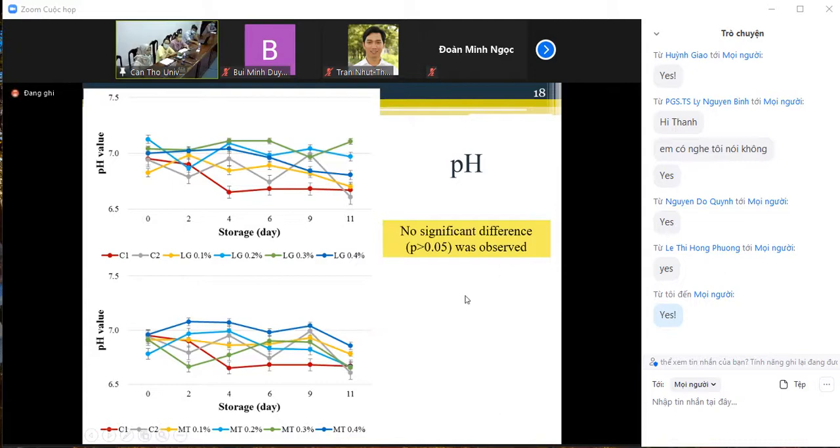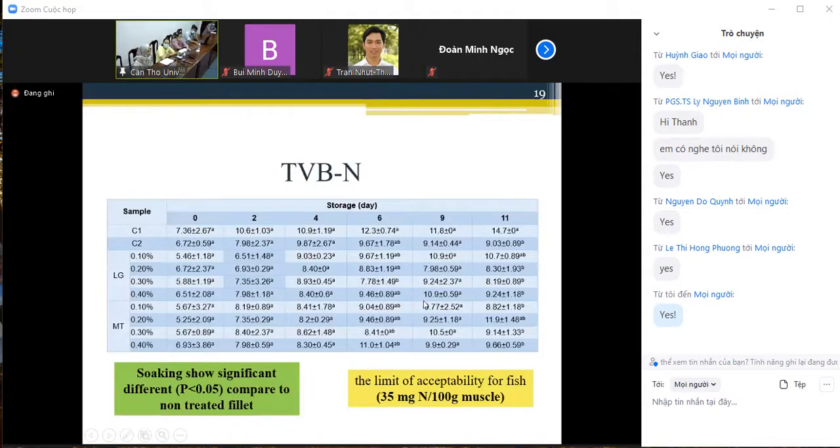And when we move to TVBN, or total volatile base nitrogen, people usually use TVBN as the indicator of freshness of fish, and the limit of acceptability for fish is 35 milligrams nitrogen per 100 grams of muscle.